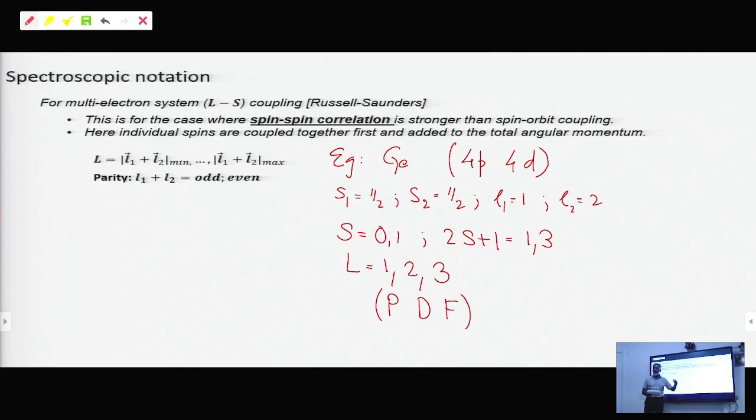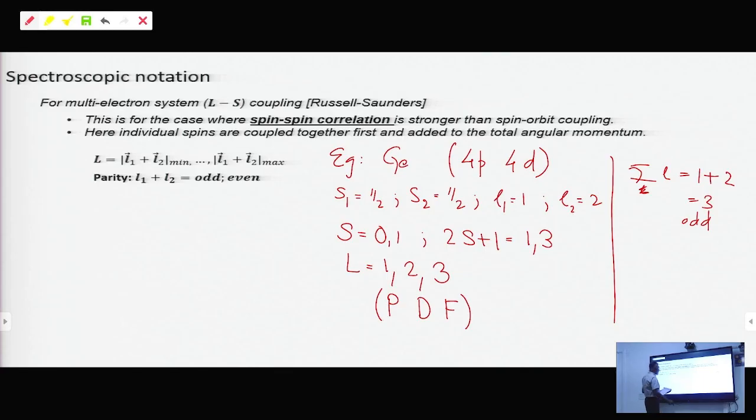So it is P, D, F. Now, the next is the sum of the l values. Here it's only 2 electrons, so the parity is usually represented by this. The sum of l is 1 plus 2, which is 3, and this is odd parity. 1 plus 2 is odd parity.